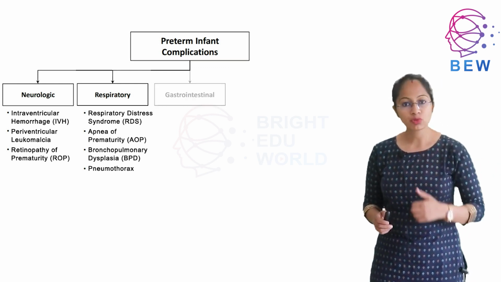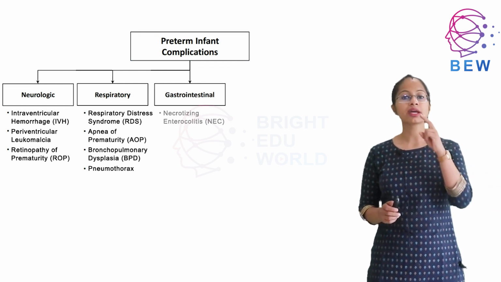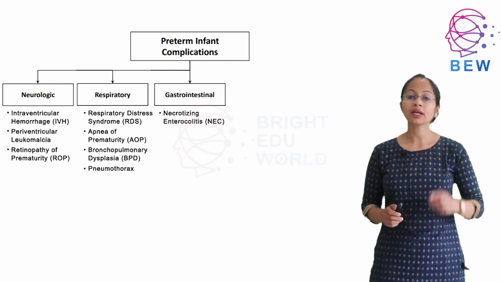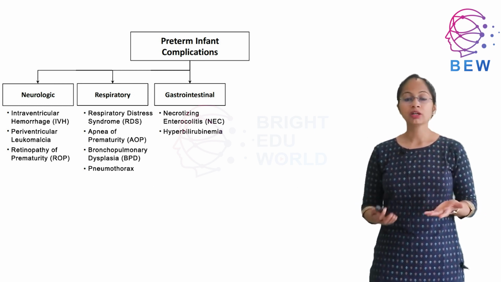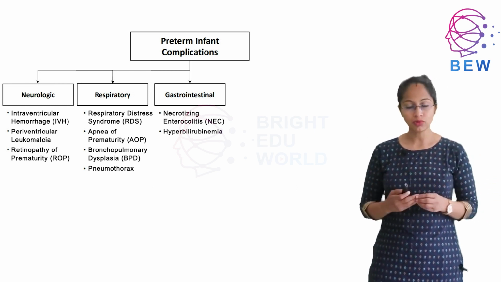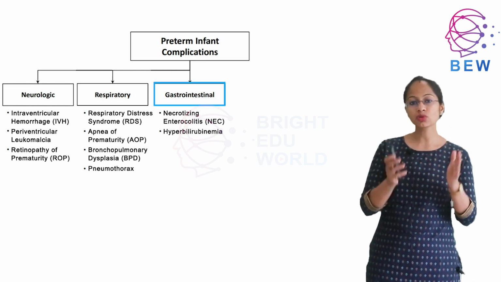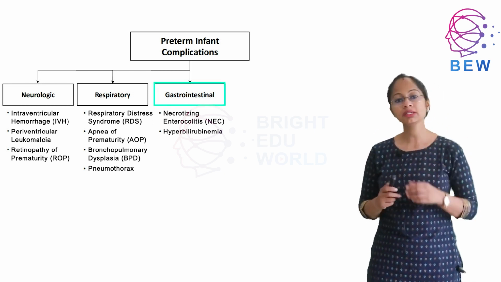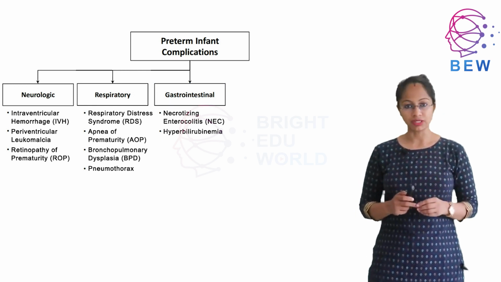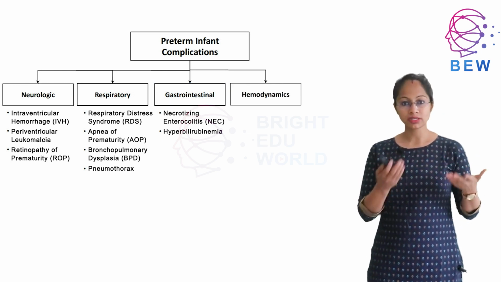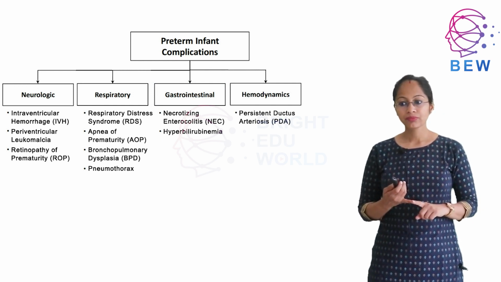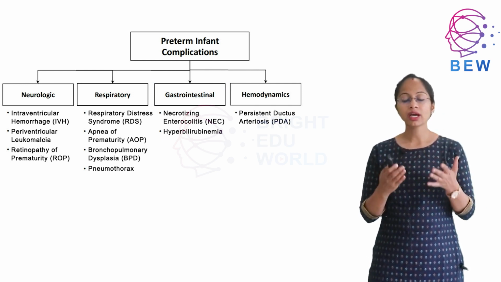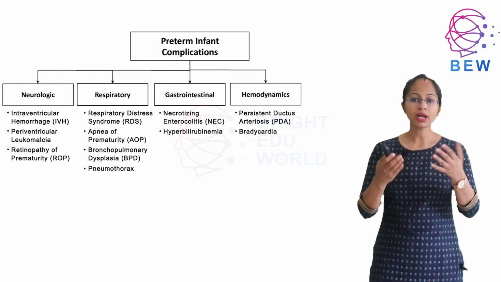When we talk about the gastrointestinal system, then there is necrotizing enterocolitis and hyperbilirubinemia because of the decreased maturation of the glucuronide conjugation system. Okay, so these are the gastrointestinal manifestations that are commonly seen in the preterm infants. In the cardiovascular system, you have patent ductus arteriosus, okay, and you can have bradycardia because of the apnea.